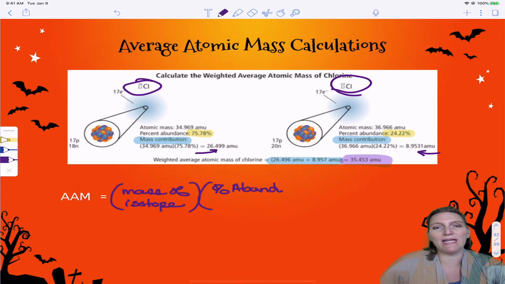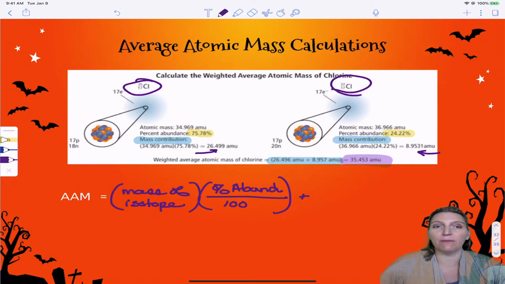But remember, when we use percentages mathematically, we need to change them into decimals, which means we divide by 100. And then we would add that to the other isotope, or the other 3 isotopes, 4 isotopes, however many isotopes there are, we just keep adding up those mass contributions.